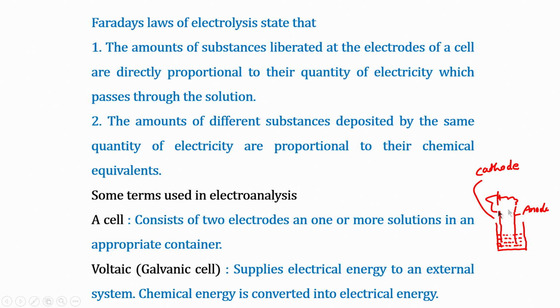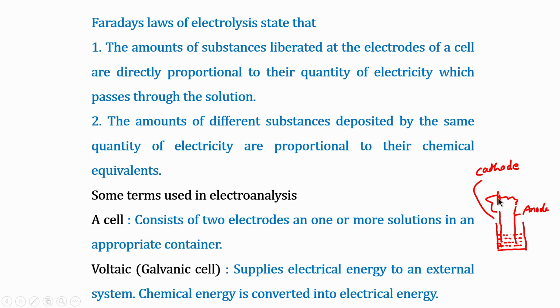In this figure, the battery will let out the current and a chemical reaction will take place. That is an electrolytic cell. In a galvanic cell, the chemical reaction will generate electrons and that will be stored in the battery or a cell.